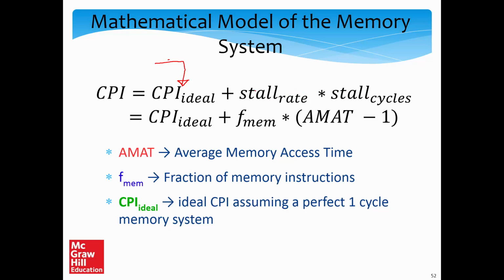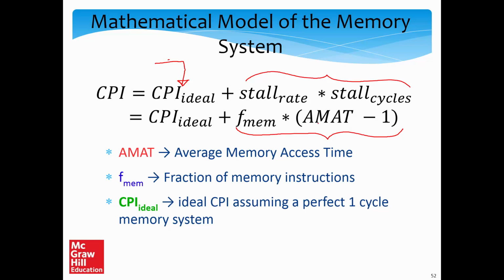As we have seen in the previous chapter, we can compute the CPI in this manner. For the memory system, we take this term and replace it with an equivalent term. We consider the fraction of memory instructions in the program and multiply this fraction with the average number of stall cycles per memory instruction. This will give us the total stall cycles per instruction.